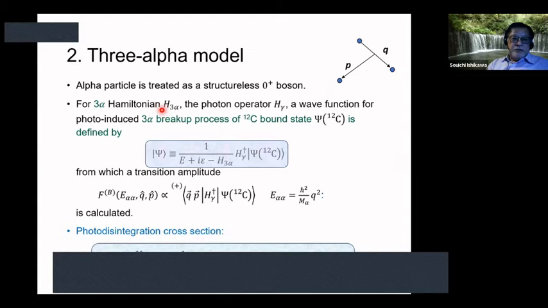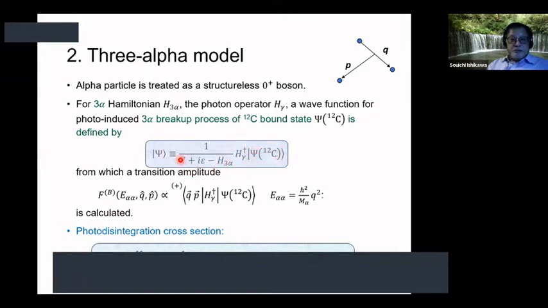We use the 3 alpha Hamiltonian as well as the photon operator, because I will calculate the photodisintegration process. For that, I define the wave function for the breakup process: the bound state wave function multiplied by the photon operator.